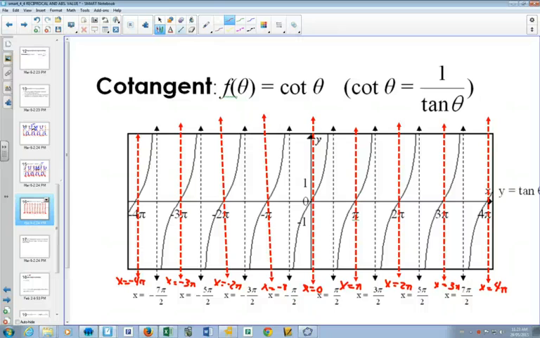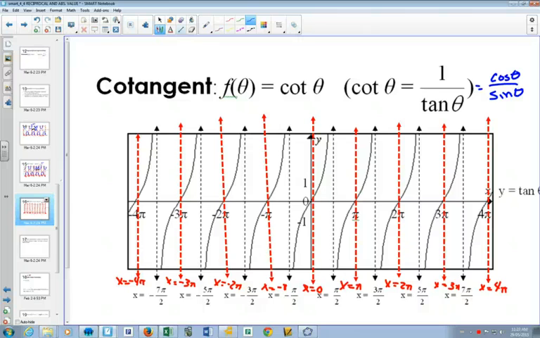Now cotangent is 1 over tan, and cotangent is also cos over sine. Now in the graph of cotangent, it's going to make a difference which one we decide to graph: should we graph 1 over tan or should we graph cos over sine?